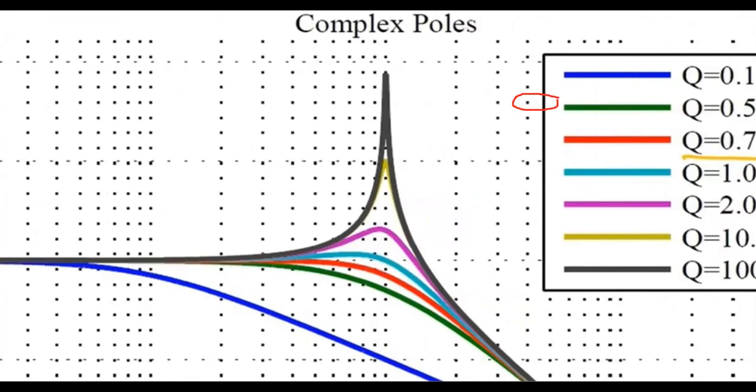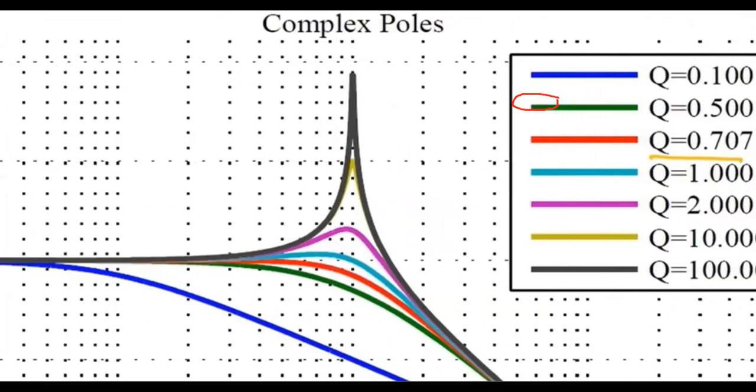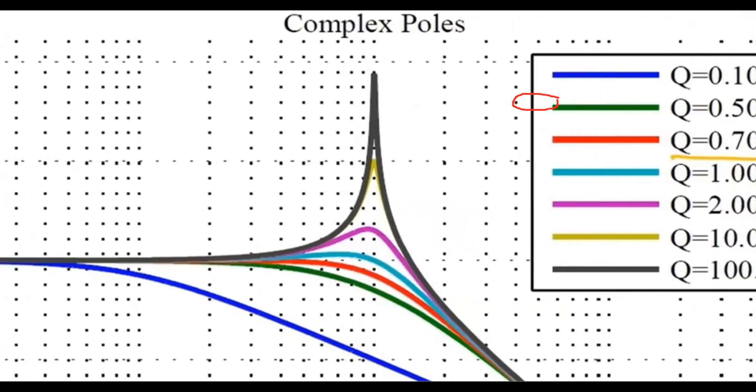Which one is ideal to you? Could you please mention the color? Which one is ideal at the corner frequency? Blue one. Okay. So if I make it clear, to my understanding, the red one is the ideal one.